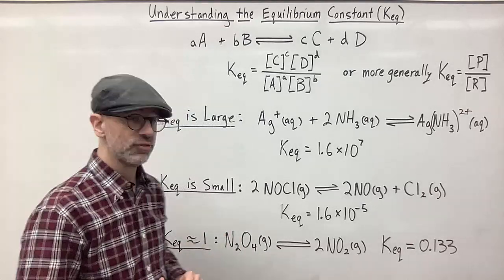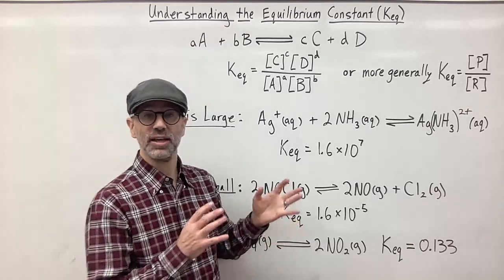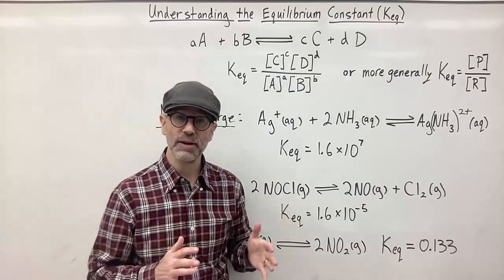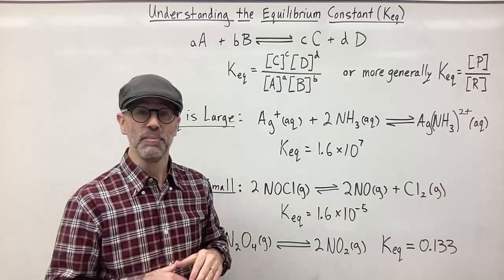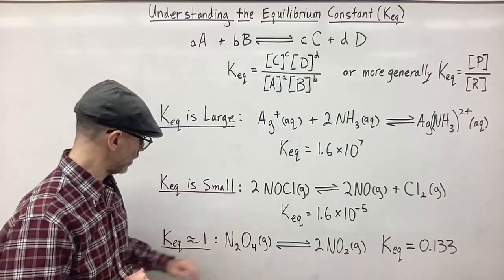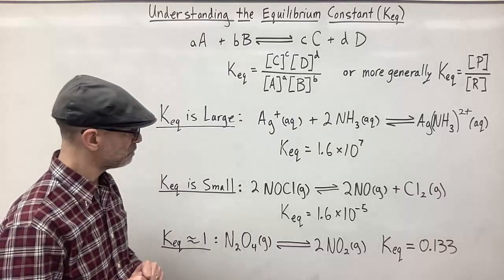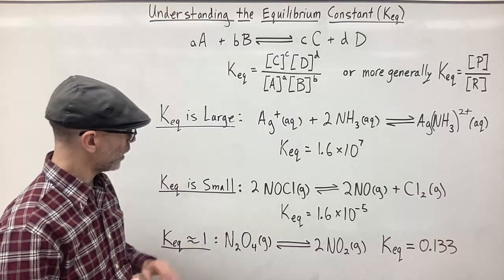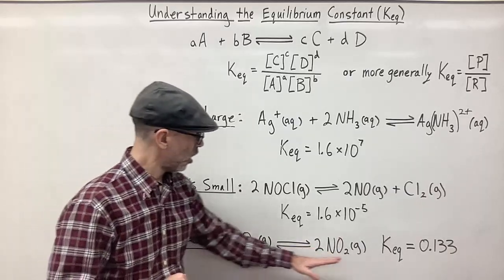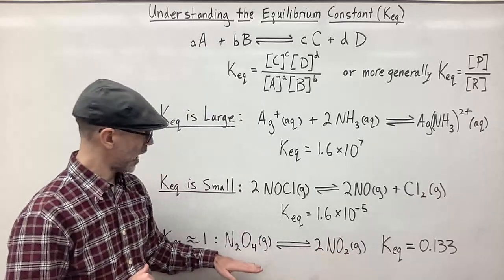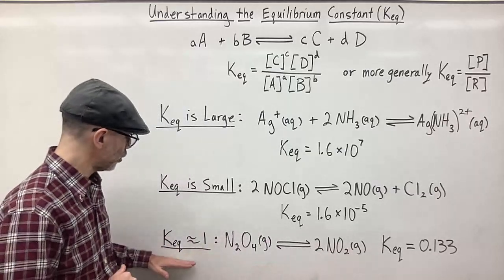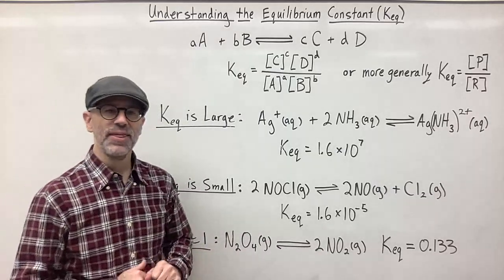So in that case, neither the reactants nor the products are favored very much. So that's what happens in this case, where you have KEQ equal to 1. If you take a snapshot of this one, you'll see a whole lot of this and a whole lot of this together at the same time.